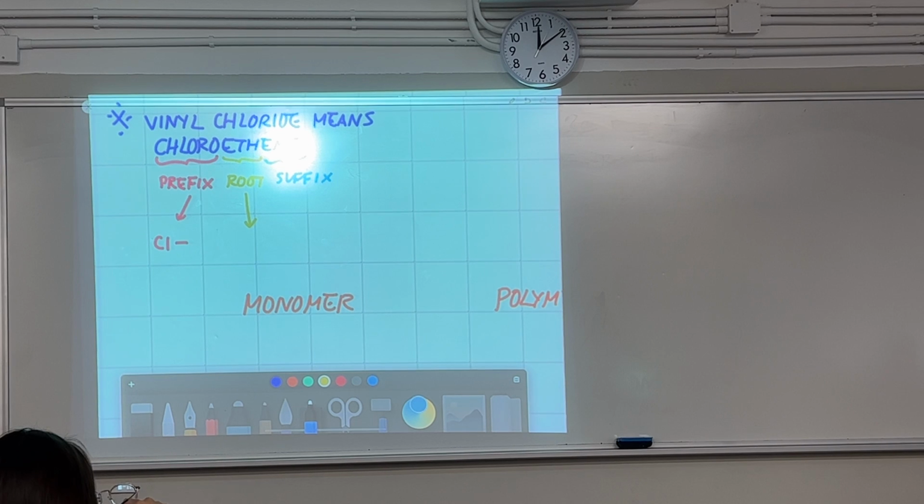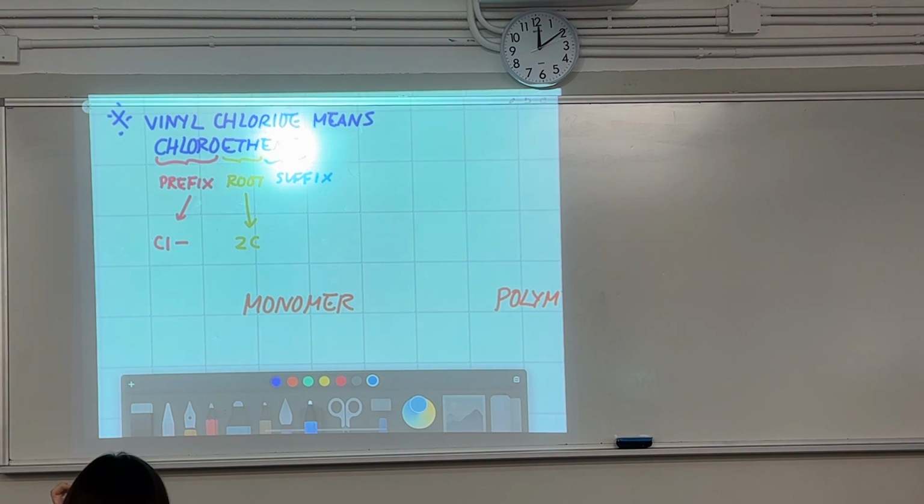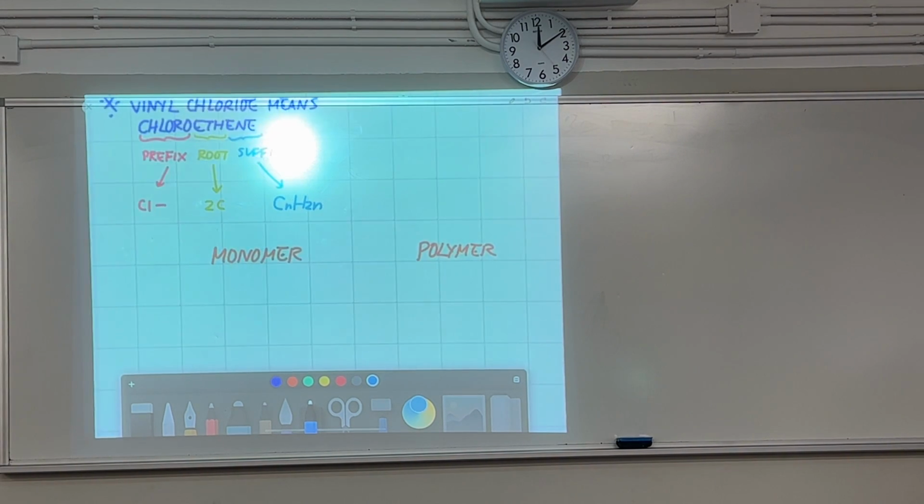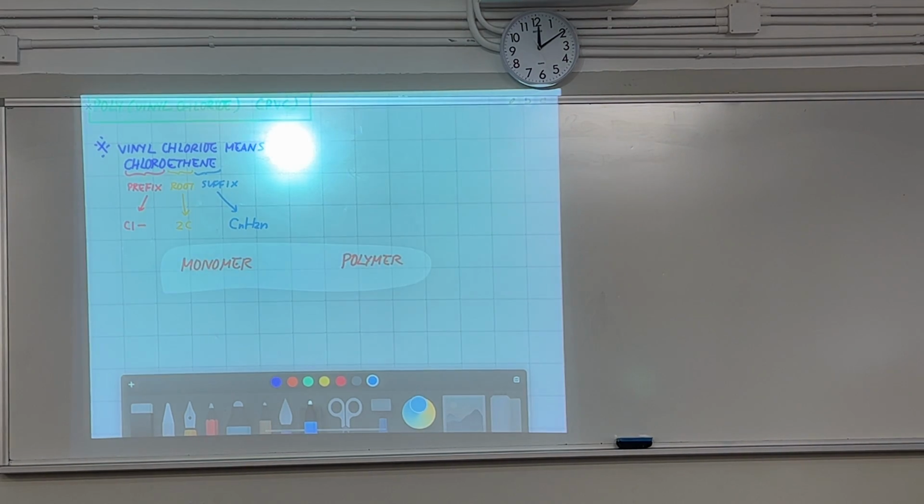The root "eth" means there are 2 carbons. And the suffix "ene" tells you that it is an alkene. What's the general formula of alkene? Not the functional group, the general formula. CnH2n.